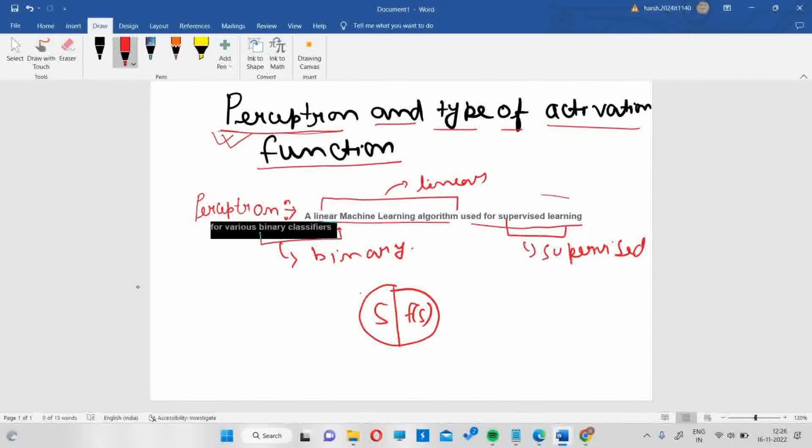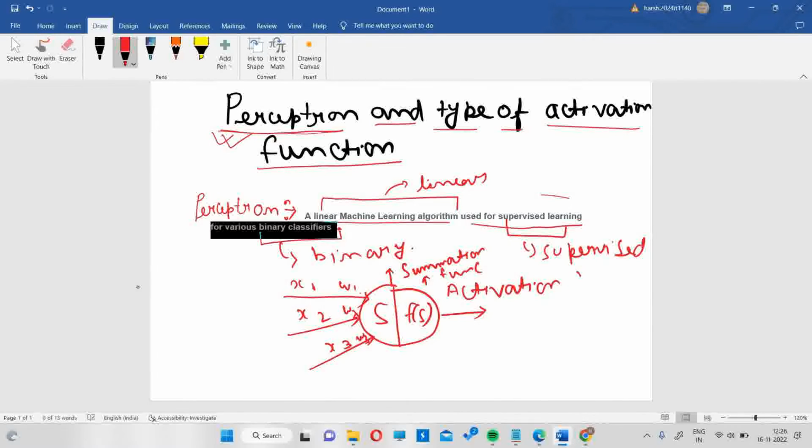Here it is. Here is x1, x2 and x3, each having weight w1, w2, w3. It is giving a summation function, and one is activation function. Now I will make you understand everything one by one.